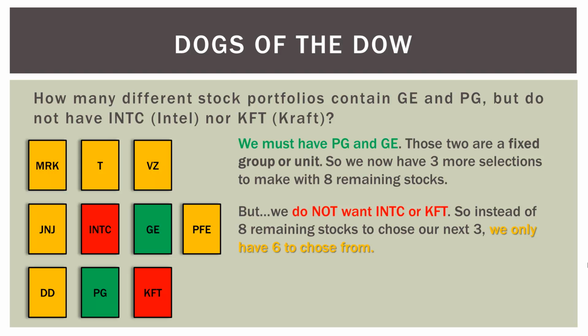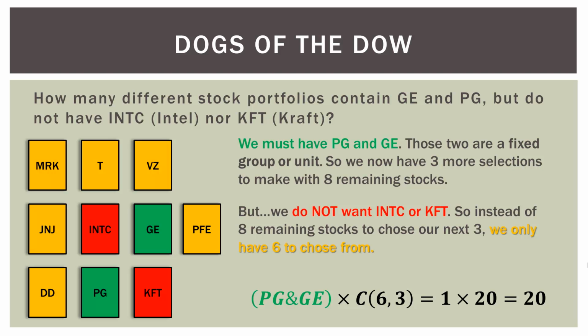So how do we solve this problem? Well, again, we think of P&G and GE as a group. Now that group can be matched with any 3 of the remaining 6 that we can put in our portfolio. So this is the group of P&G and GE times 6 choose 3.